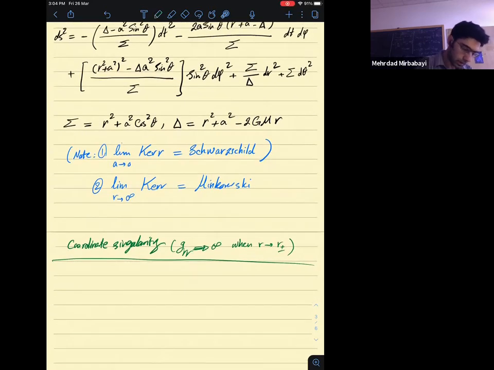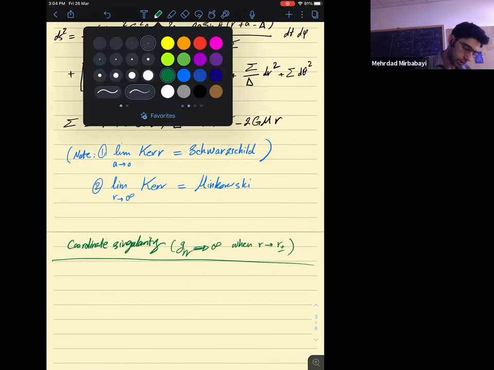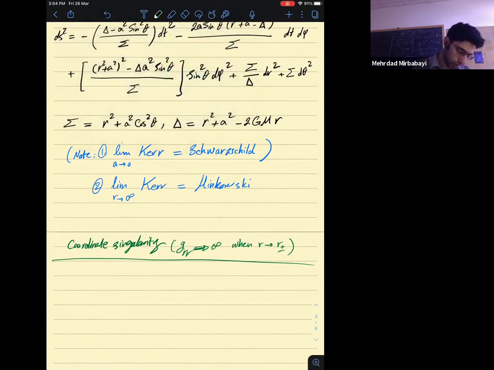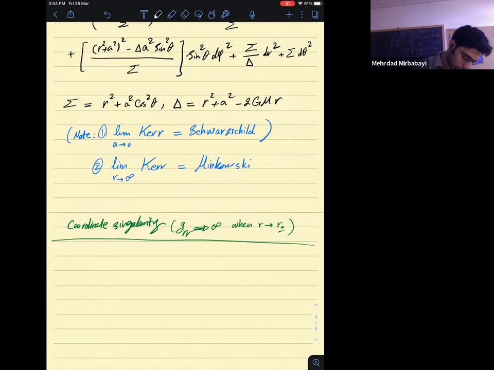So how do we see this? If you look at the rr component of the metric, it is given by sigma divided by delta. Delta has this expression. So if I look for the zeros of delta, that corresponds to the poles of g_rr. Delta equal to 0 has two solutions: r_plus-minus equals GM plus-minus the square root of G squared M squared minus a squared.